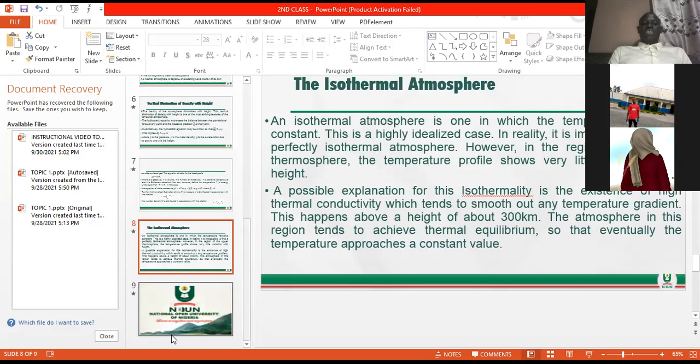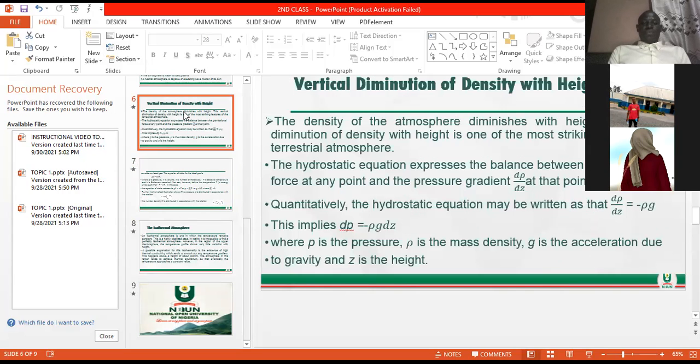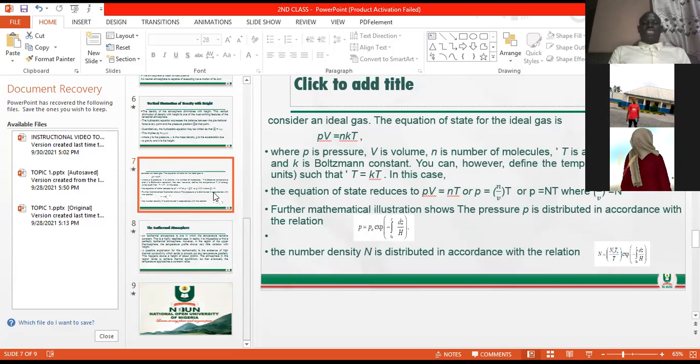Now, what that means is that anytime we are asked to, now, what is the illustration for density here? We said density reduces with height.